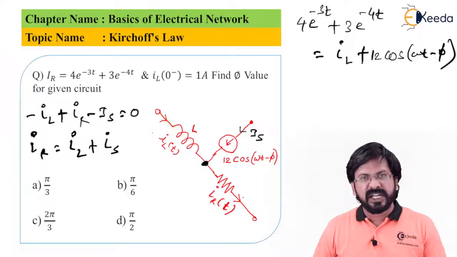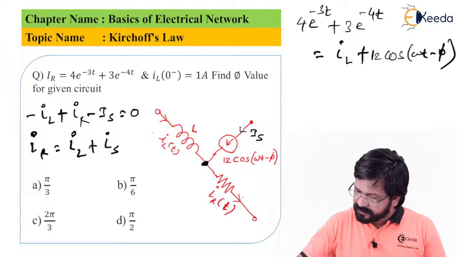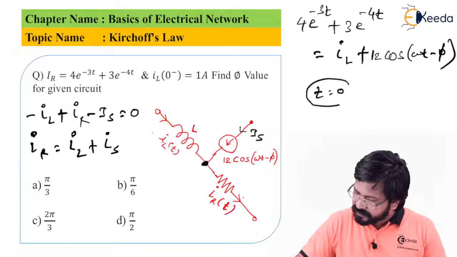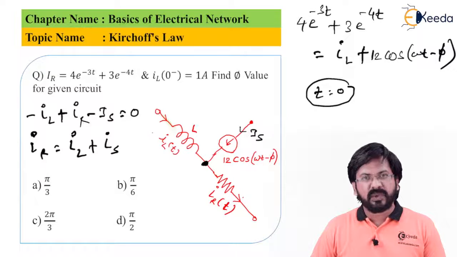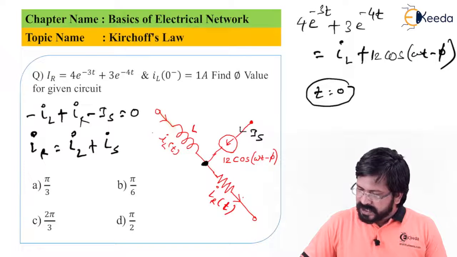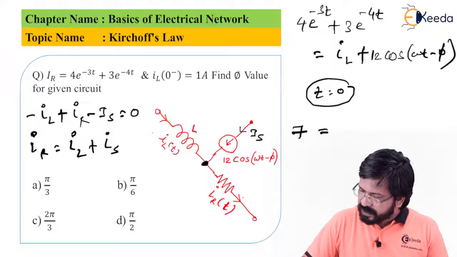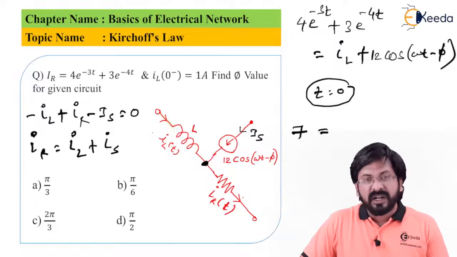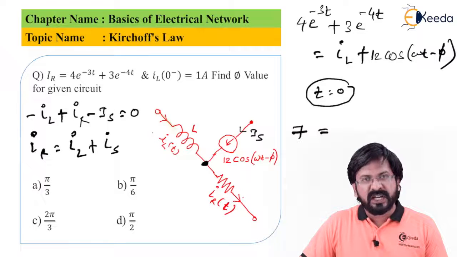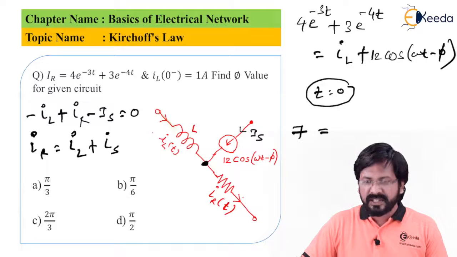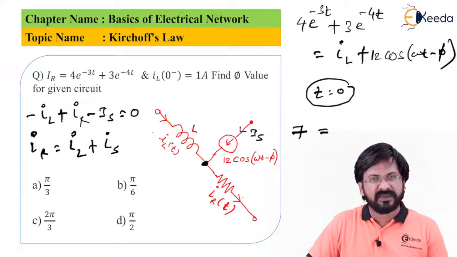Let us substitute t equal to 0 in this expression. At t equal to 0, the exponentials become e to the power 0, so the left side becomes 4 plus 3, which is 7. Now IL is also a function of time. For IL at t equal to 0, they have already given the information that IL of 0 minus is 1 ampere.